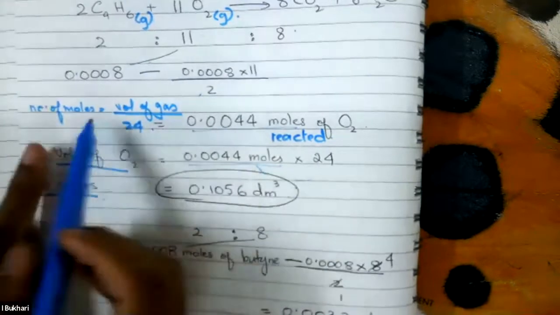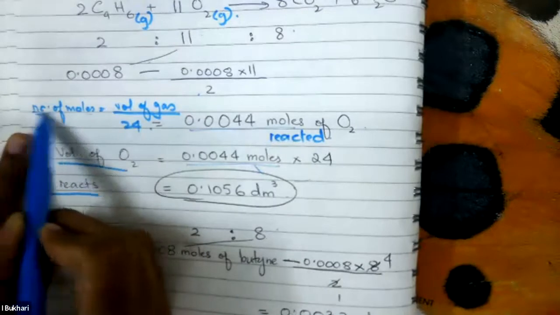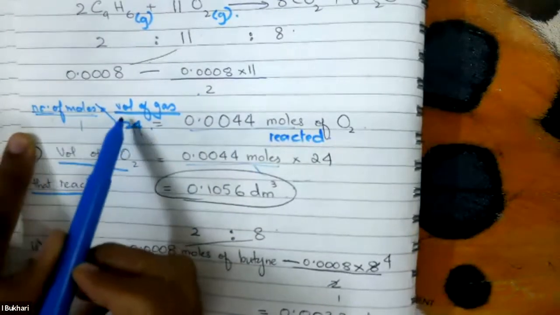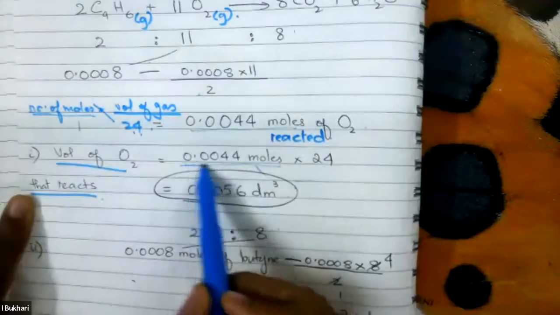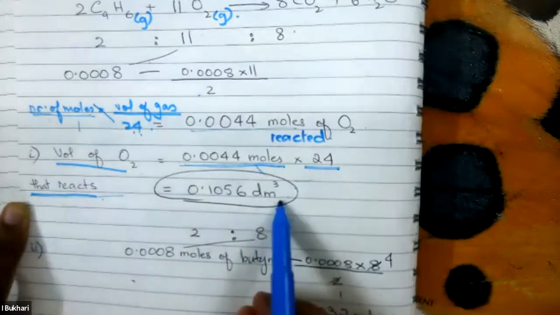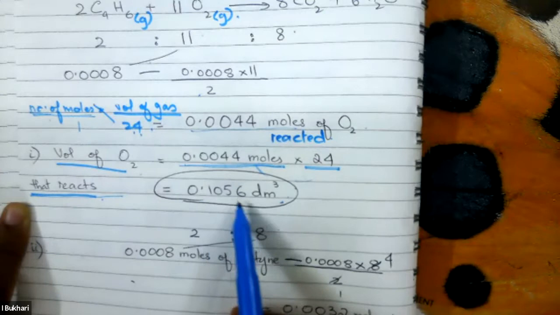So number of moles is 0.0044, and when you multiply that by 24, you get the volume of gas. The volume of oxygen that reacted is 0.1056 dm cube.